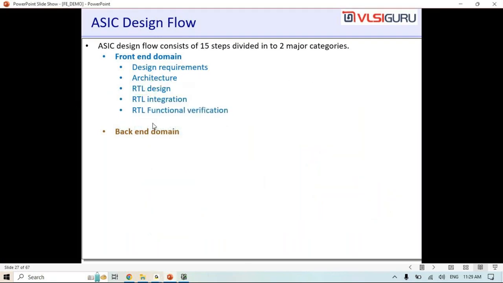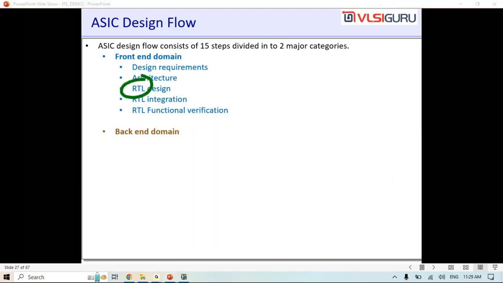Next, what do you have? RTL functional verification. Whatever coding that is done. See, RTL means register transfer level, which is done using which language? Verilog. Whether that coding is done properly or not is checked by functional verification.